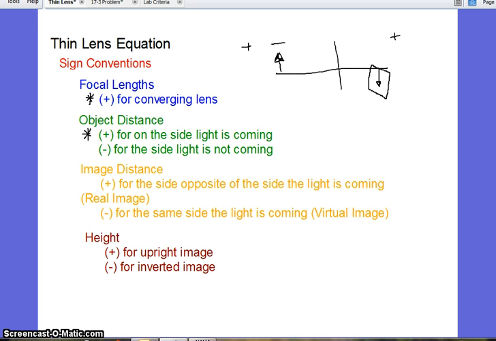So positive object distance over here, negative object distance over here. And we'll typically have positive image distances as well, because most of our images will be on the right-hand side of the screen. And our heights so far have been upside down, so most times they've been negative.